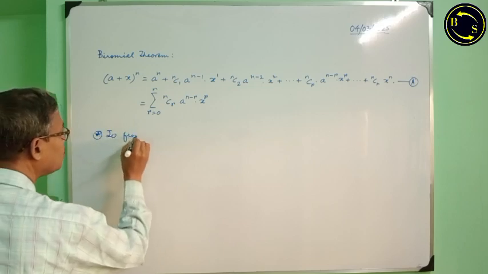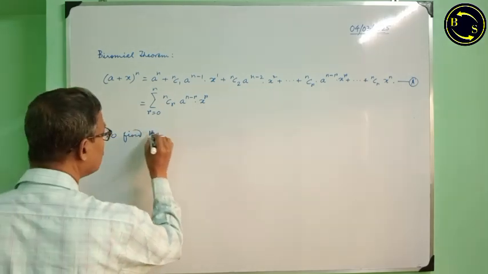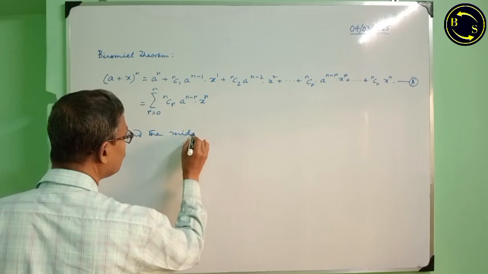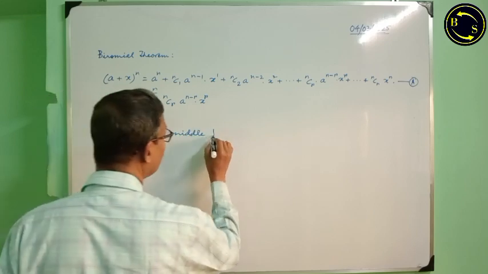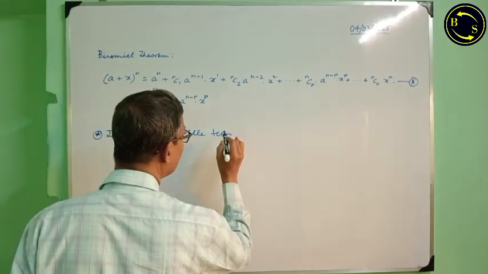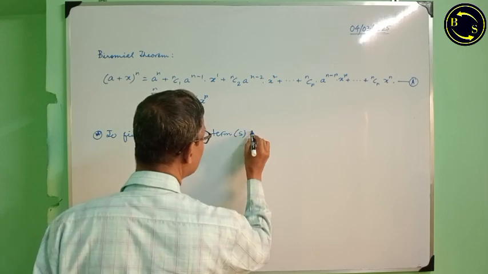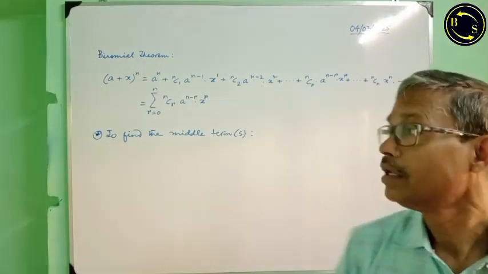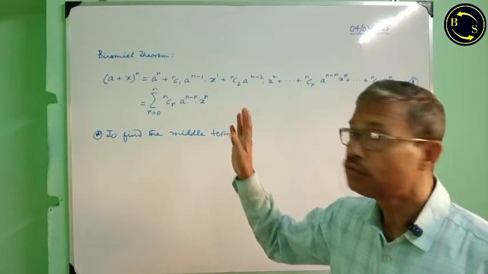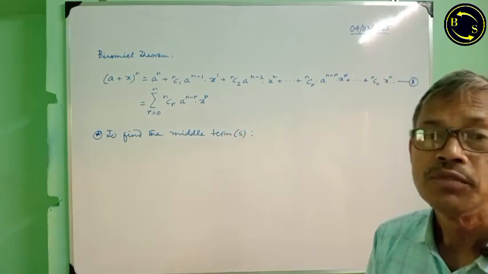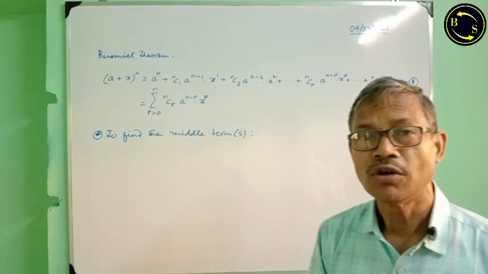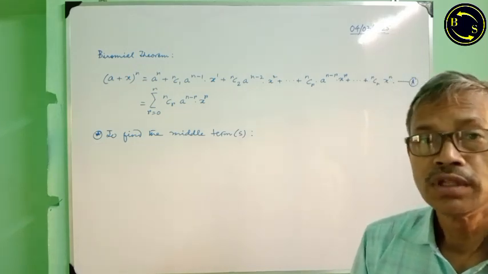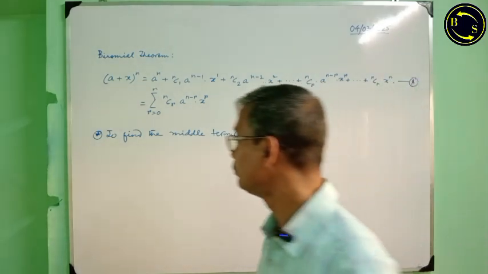To find the middle term or middle terms, it depends on the value of n. We don't know whether n is positive even or positive odd. We have to consider two cases.